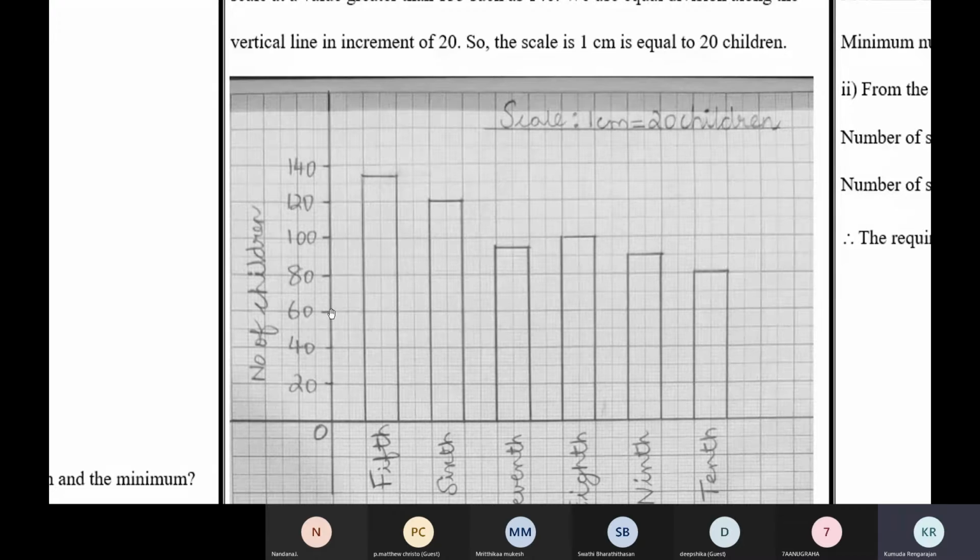So let me tell you, 60 to 80. 60, the first subdivision 62, the second one 64, the third one 66, the fourth one 68, the middlemost one, the fifth one, 70. Somebody said 80 after 68, not 80, 70. The middlemost line is 70.